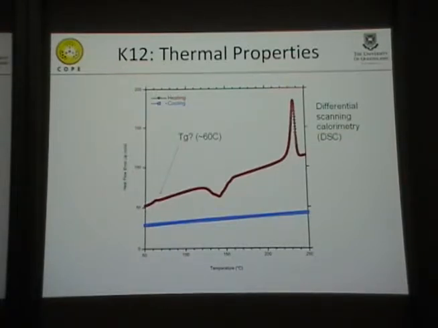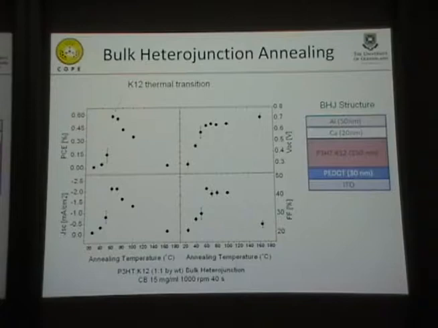And we see that with differential scanning calorimetry, there's this low temperature endothermic transition here, and then an exothermic, and then a larger endothermic transition, which then stabilizes the material as it cools down. So this acts as a guide for when we go to make a bulk heterojunction, so we can use it to optimize our bulk heterojunction structure.